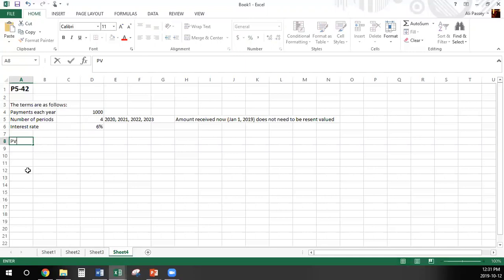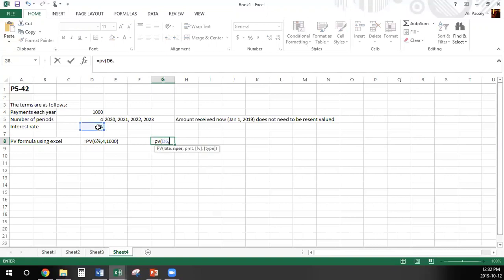So the present value formula using Excel is PV, and then you put in the rate, which is the 6%, and the number of periods, which is 4, and the payment that's expected in each of the periods. So if we do that now, you can see when you start typing in Excel, it tells you what goes where.